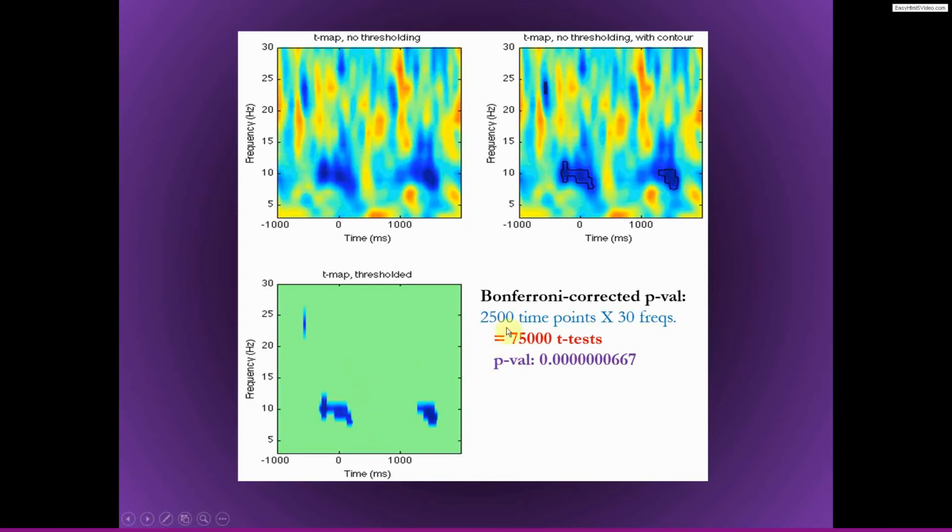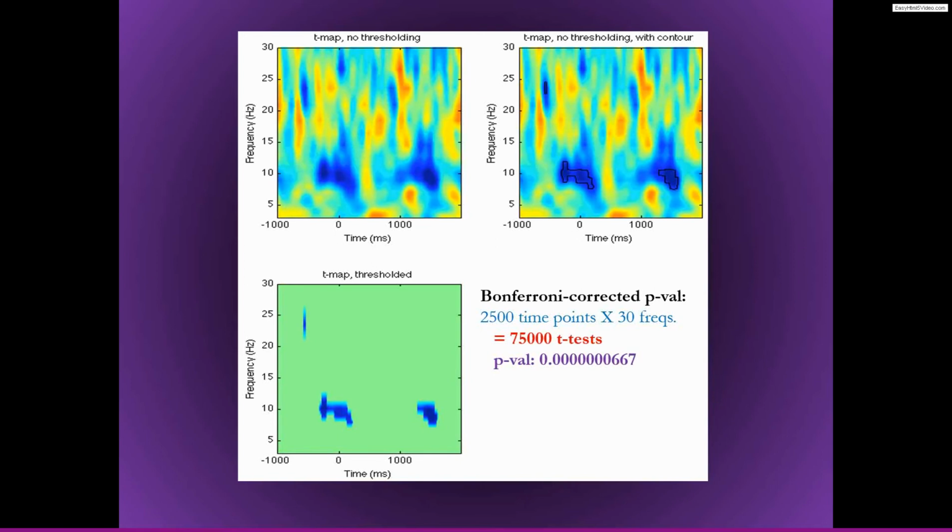Nothing has changed, but by making these really arbitrary decisions about how many frequencies you want to have between 2 hertz and 30 hertz or whatever, that changes the p-value even though it doesn't change the content of the result. So this is really what makes the Bonferroni procedure inappropriate for time frequency analyses.